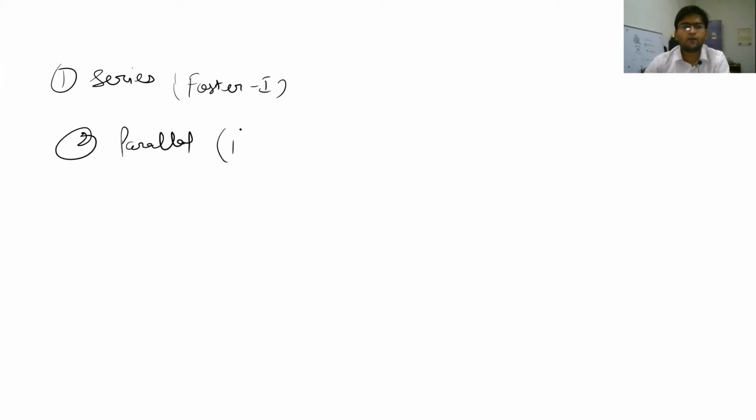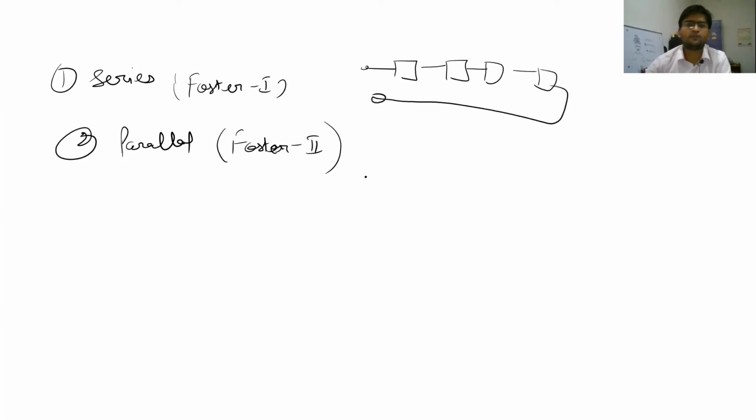So in parallel form, we will see that the elements will be getting synthesized parallelly, and we call this form as Foster two form, second form, right? So in Foster one form, you will see that elements will get synthesized like this and so on. And in Foster two form, you will see elements will be getting synthesized like this and so on.